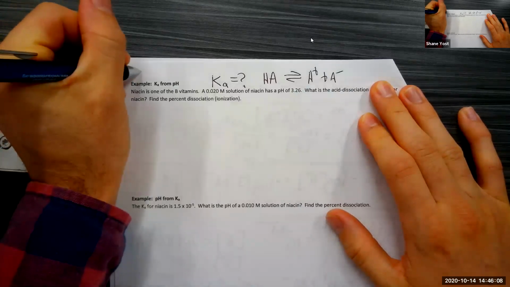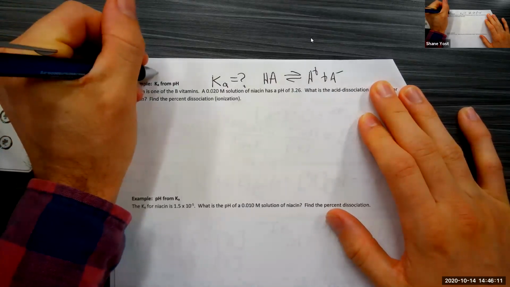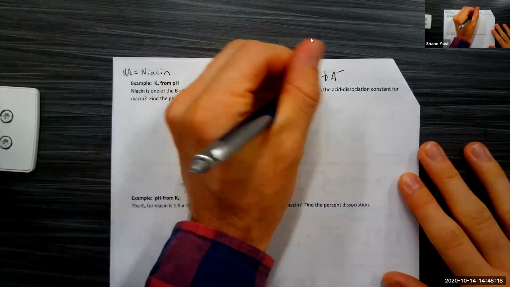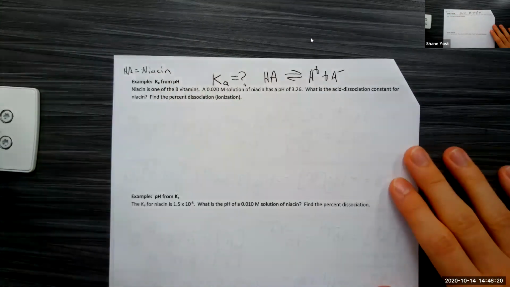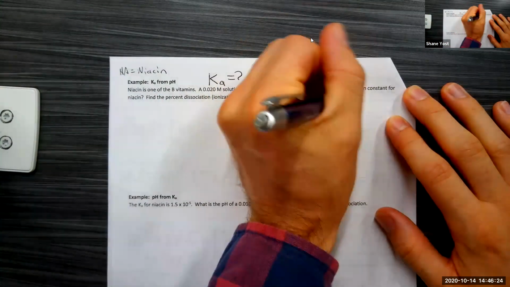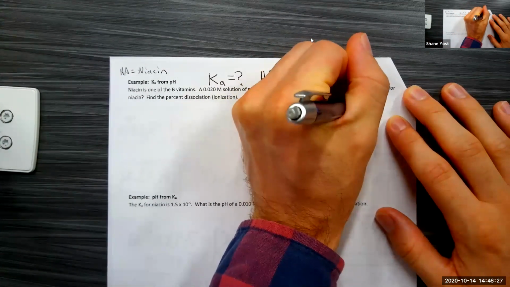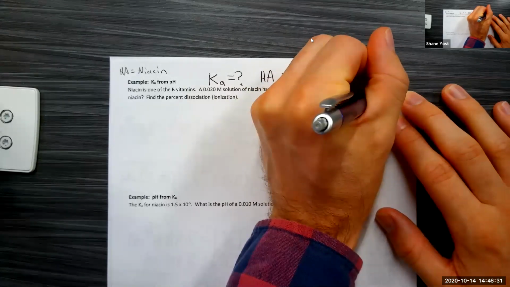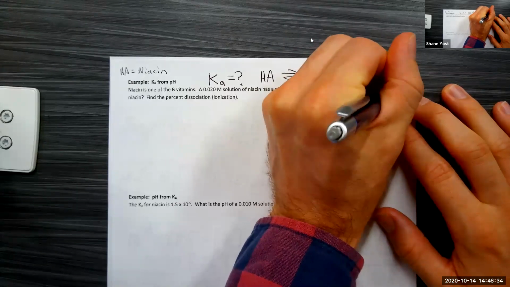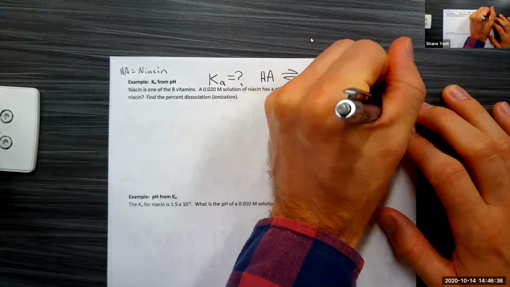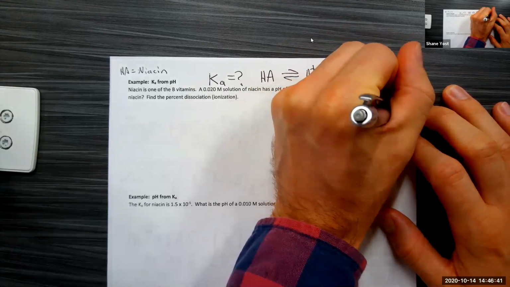HA is my niacin, which I know is a weak acid, so it'll break apart into H plus and A minus. And the expression for Ka, the acid dissociation constant, is going to be the equilibrium concentration of H plus times the equilibrium concentration of A minus, your conjugate base, over the equilibrium concentration of your weak acid, HA.